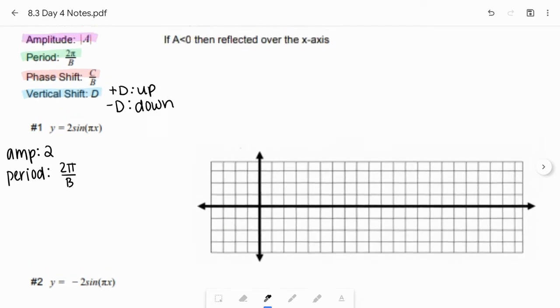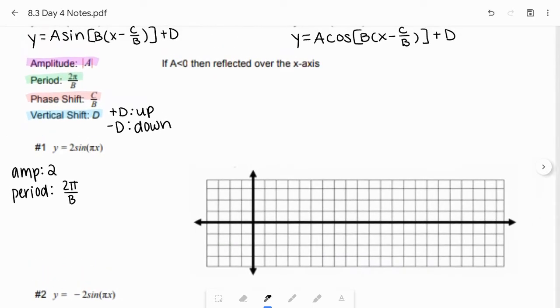The b is always going to be attached to the x, so this is my b right there. So this would be 2 pi over pi. My pi's cancel, so my period is going to be 2. That means that I will complete one full sine graph, or one full rotation, once we complete 2. I think that's enough information for us to go ahead and start graphing.